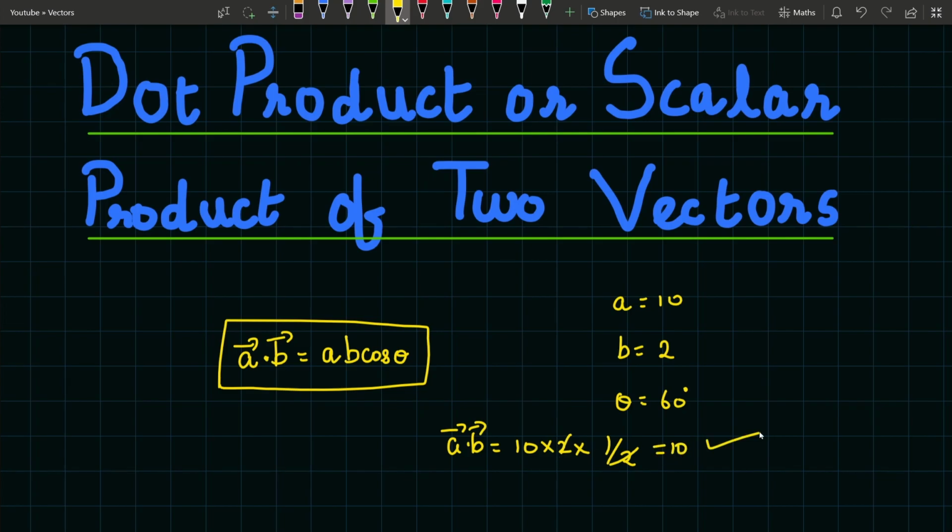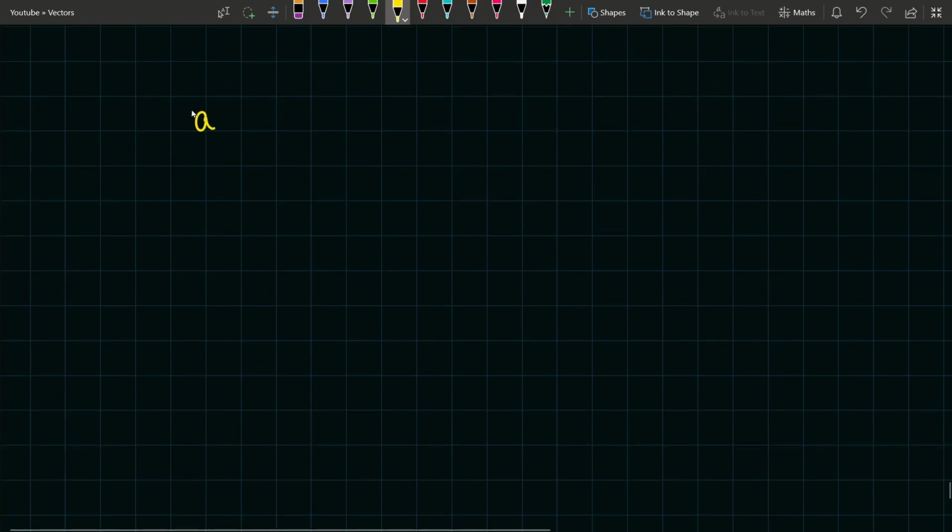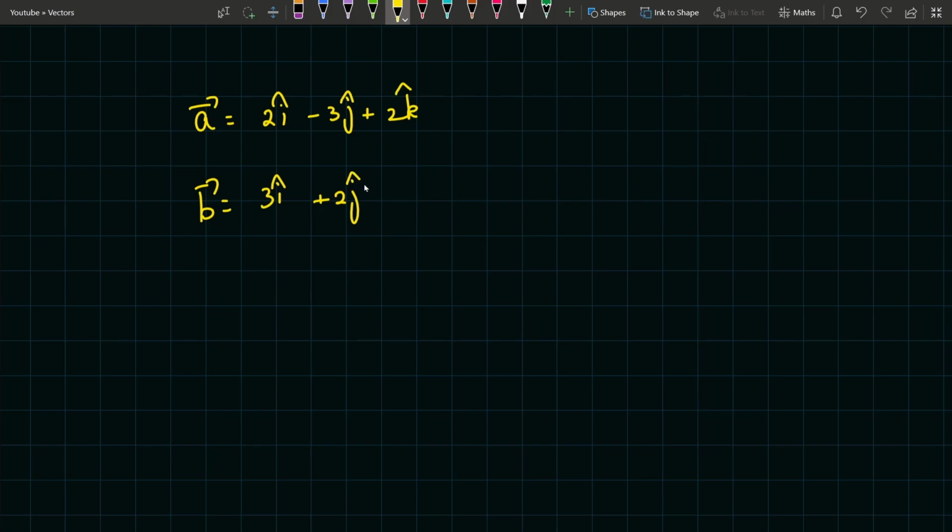Now we have seen resolution of vectors, that is how to write vectors in terms of i j k. So we need to learn how to perform dot product if the given vector is in the i j k form. So imagine I have a vector a equals 2 i cap minus 3 j cap plus 2 k cap, and b vector to be 3 i cap plus 2 j cap minus 4 k cap.